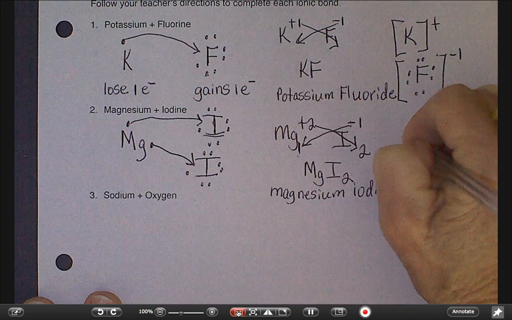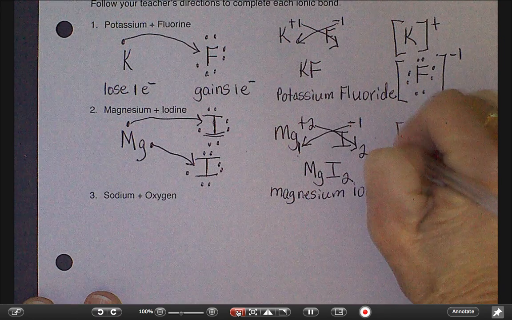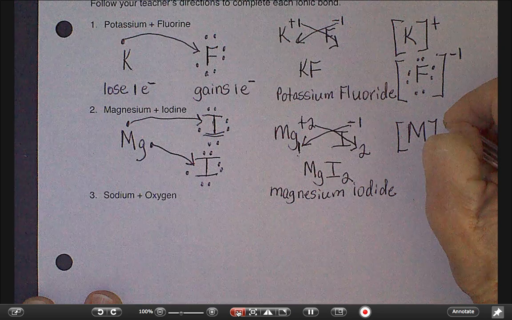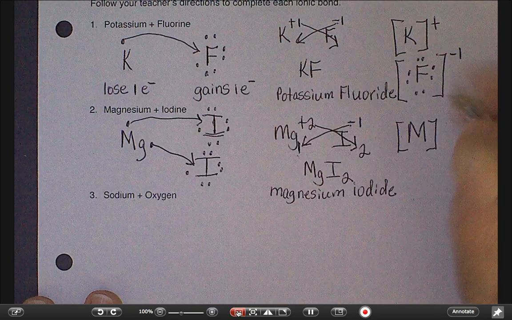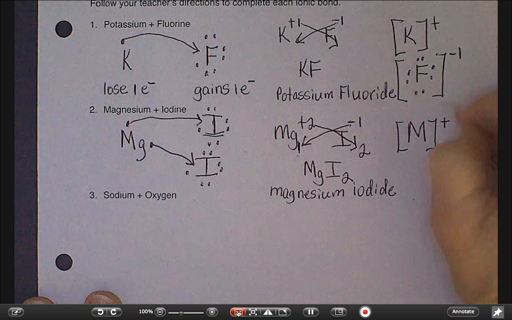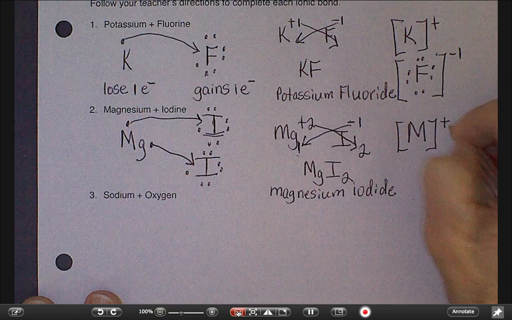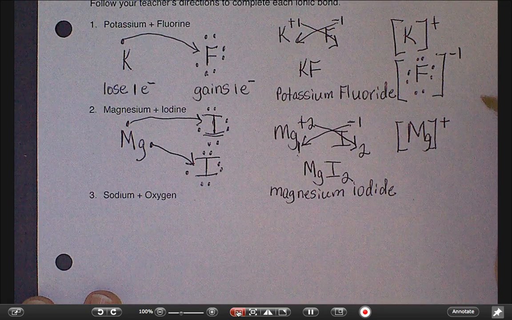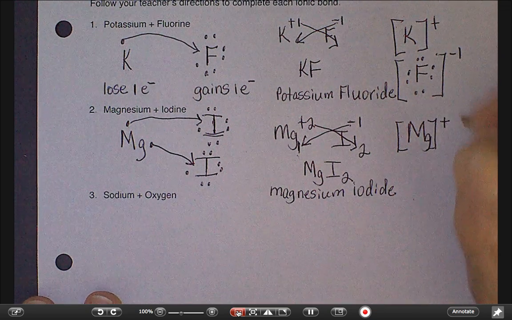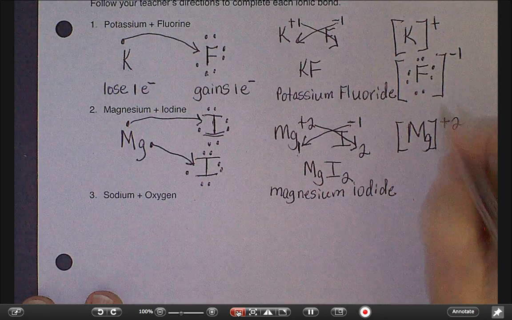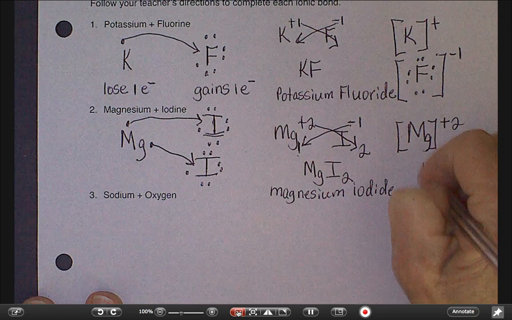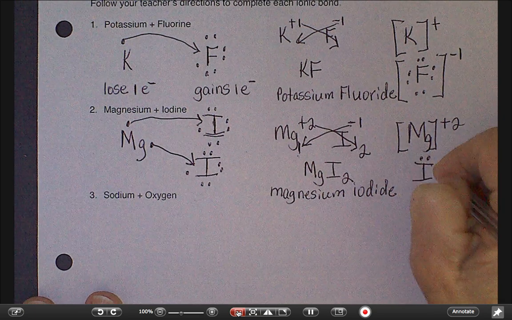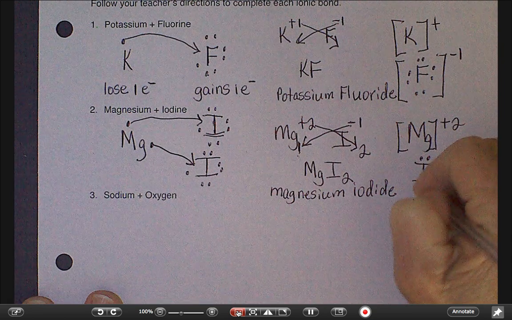Okay, so I'm going to write my symbol, put my little brackets around it, and what number am I going to put outside? Put your positives and negatives. Plus what? How many did magnesium lose? 2. Mg, the correct symbol. Plus 2. Shorten the symbol. And we're only going to do one I. How many dots does each I have now? 8.